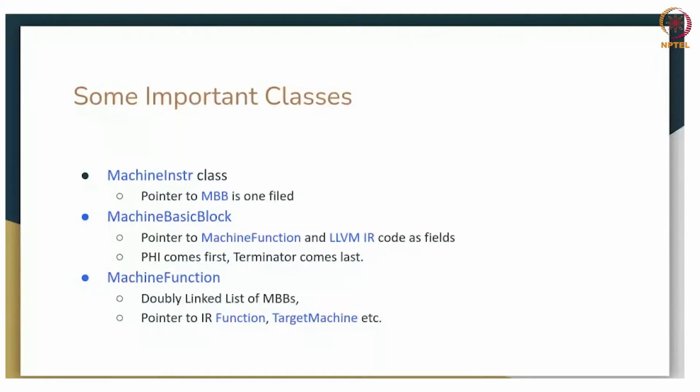The machine function is a doubly linked list of machine basic blocks. Then there are pointers to the IR function, target machine, etc. So getting back the LLVM IR from machine specific code is easy. The machine basic block has a pointer to the LLVM IR basic block, and the machine function has a pointer to the IR function.